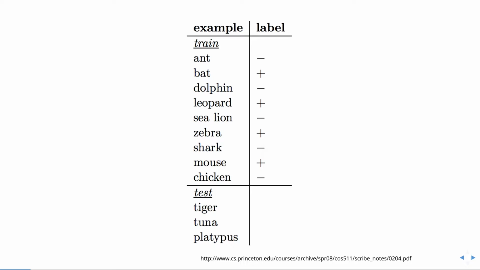So our training data shows us some names of animals, and next to them they have a label. So an ant has a minus, a bat has a plus, a dolphin has a minus, leopard has a plus, etc. And then we have a set of test examples, and we have to label them. So can anybody take a guess at what the label will be for tiger?